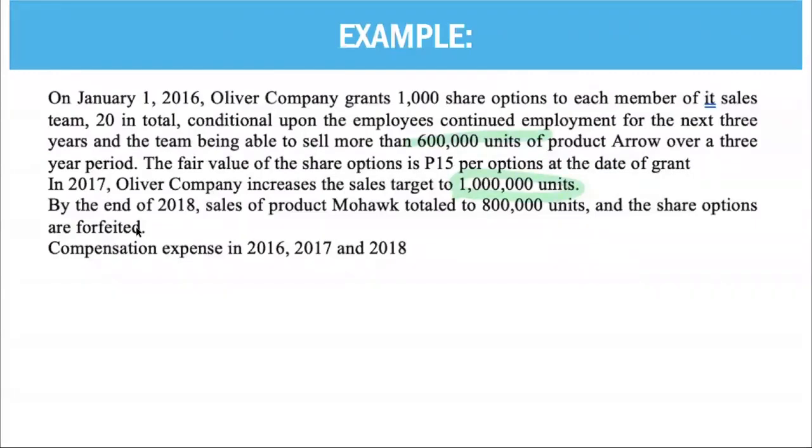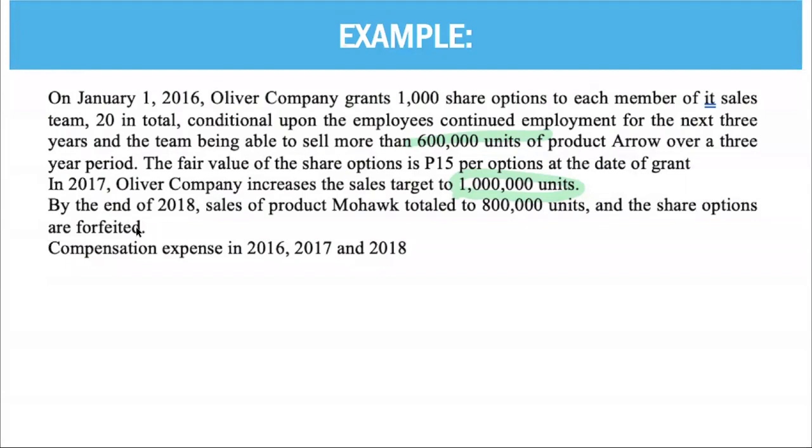So if there are changes in your conditions, how do we account for it? Generally, we ignore those changes because we look at the grant date as to the condition. Any subsequent conditions should apply prospectively, not retrospectively. So let's compute your compensation expense.